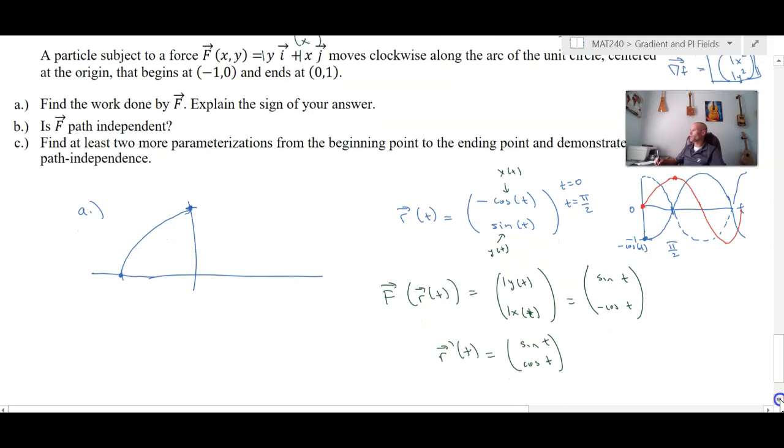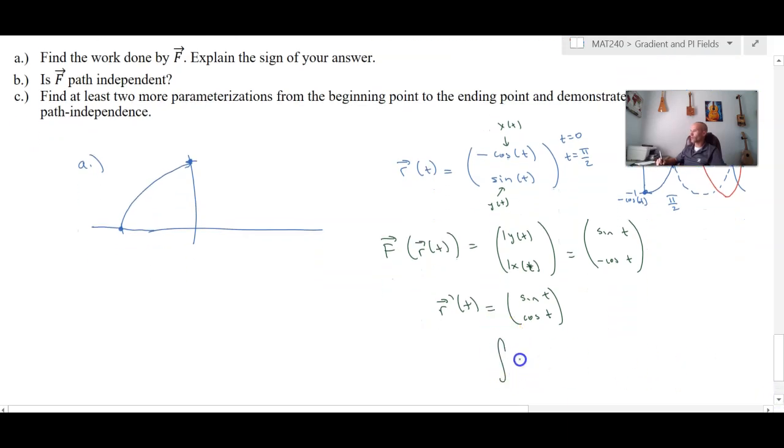So now we need to compute this line integral. This line integral will be the dot product between f of r of t, sine t, negative cosine of t, and sine of t, cosine of t, that's the derivative of our position, dt. It'll make it from here to here in pi halves units of time.